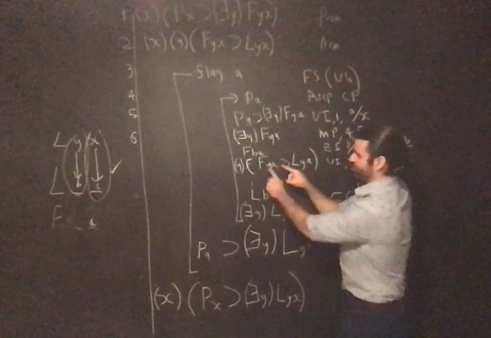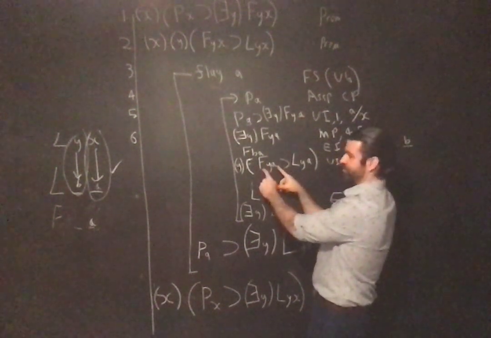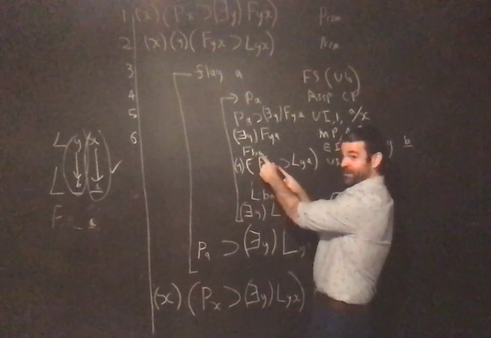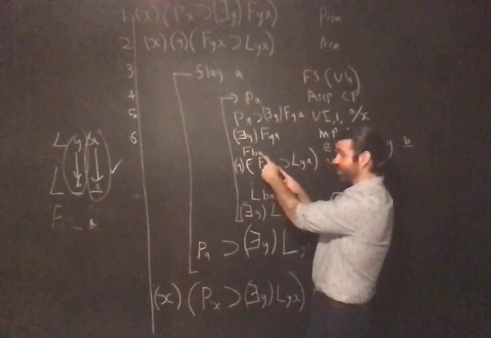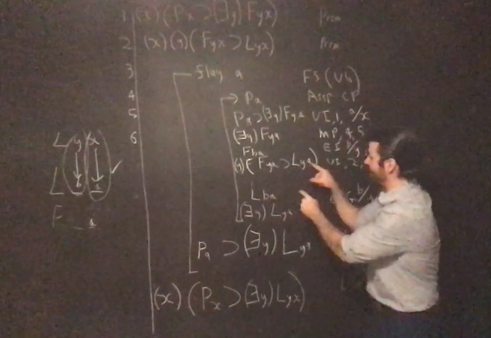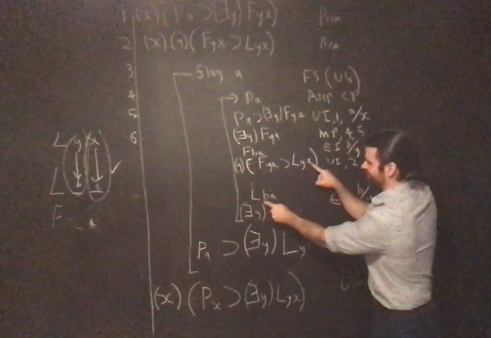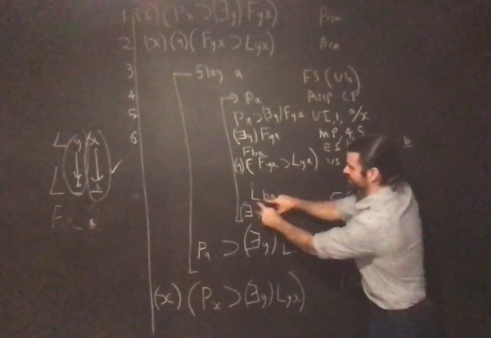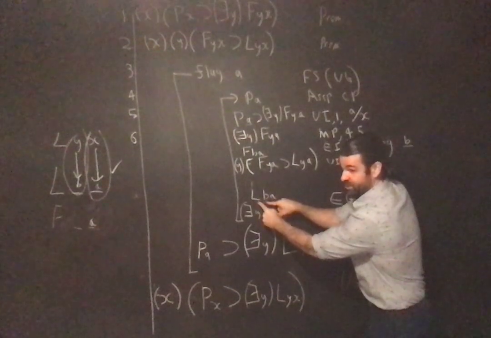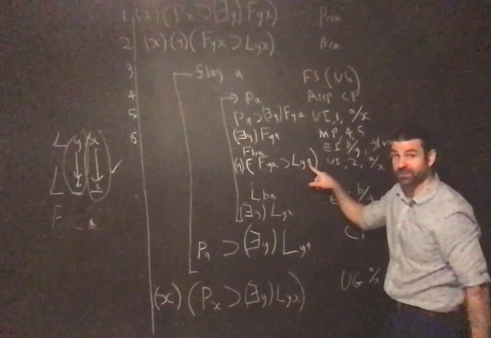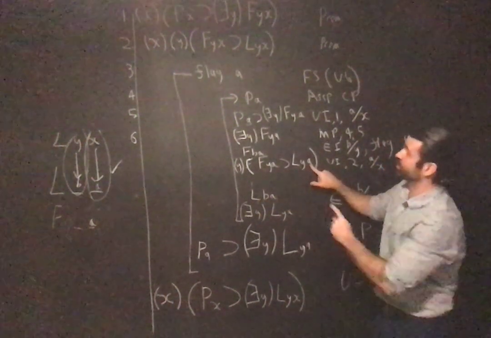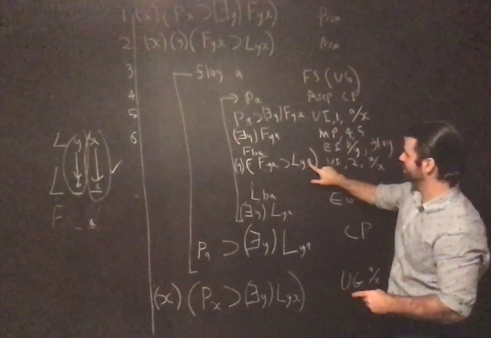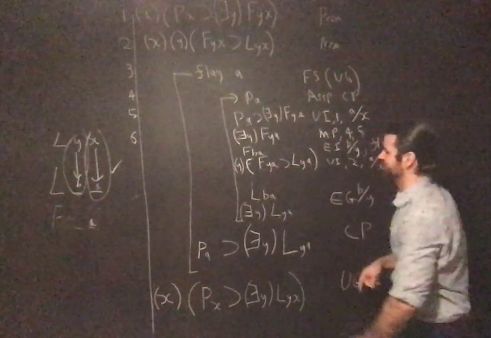Because I want this FYA to eventually connect with FBA. There's an A in the second position here already, so that has to match that. And A is in the second position of the L predicate, so I need A in the second position of the L predicate, which is what I'm replacing. It's the X that is becoming A.